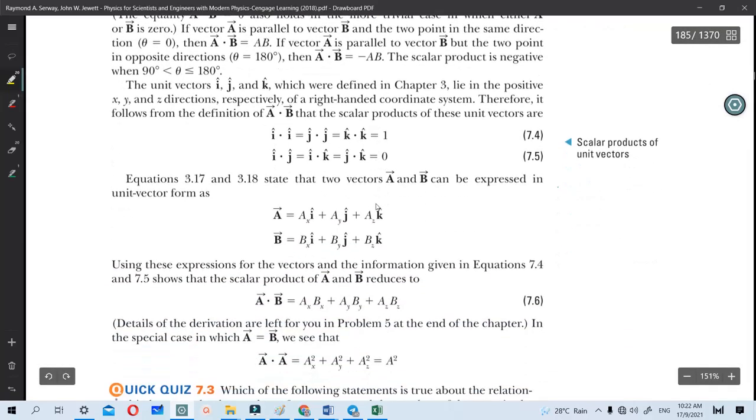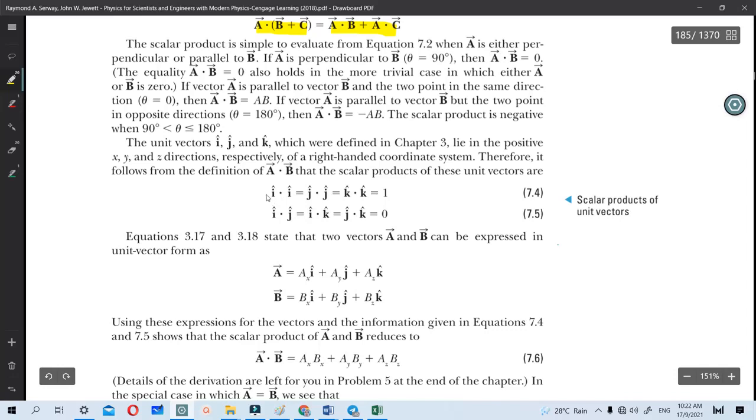Nevertheless, it's also important to note that the dot product of I times I hat, J times J hat, K times K hat is equivalent to 1. Why? Because they are in the same direction. The simplest way to understand it is that it turns out to be cos 0. Their angle is 0 with one another, that's why the product of cos theta becomes 1.